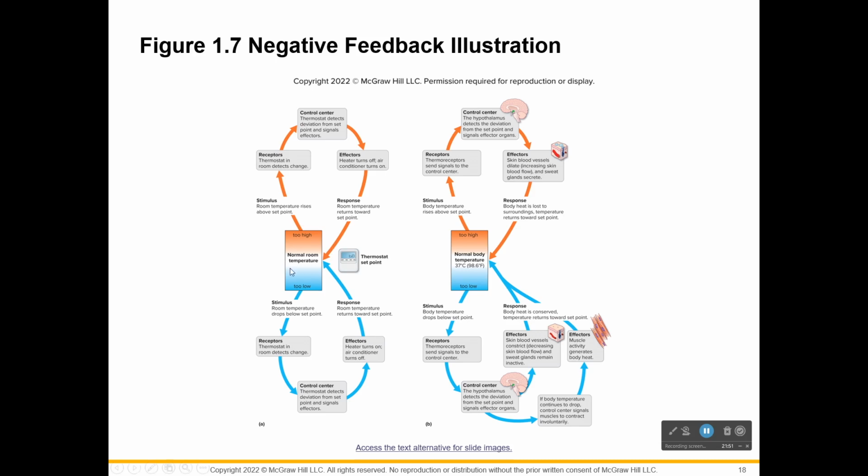So here they're showing how room temperature, you have a thermostat that detects that and controls it. And then you have that compared to your body temperature. So if the room gets hot, the thermostat detects that. And what does it do? It turns the heat off. It might turn the air on and cool the temperature of the room. But if the temperature gets too low, it turns that air conditioner off and turns the heat on, and you come back to this normal range.